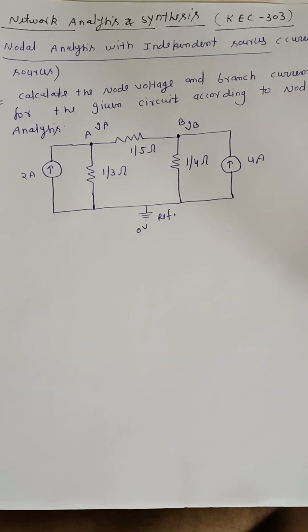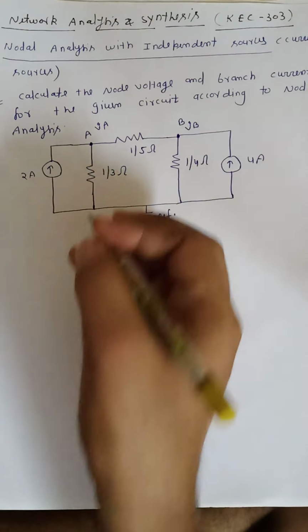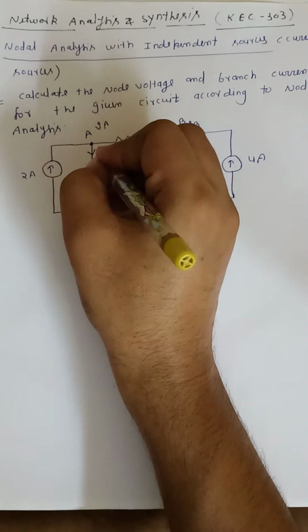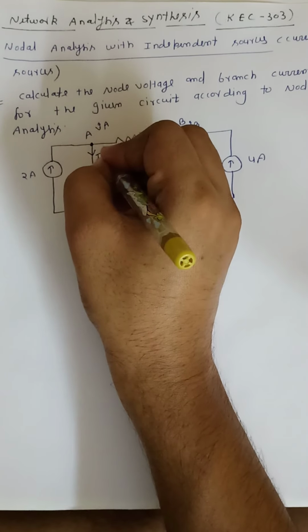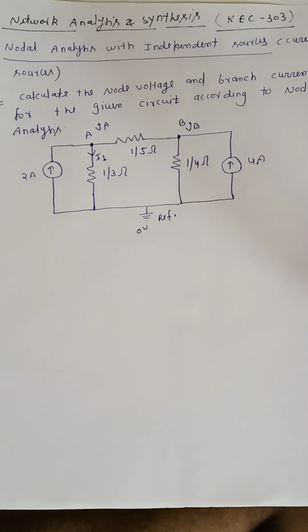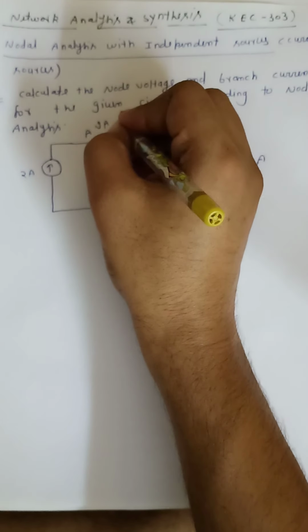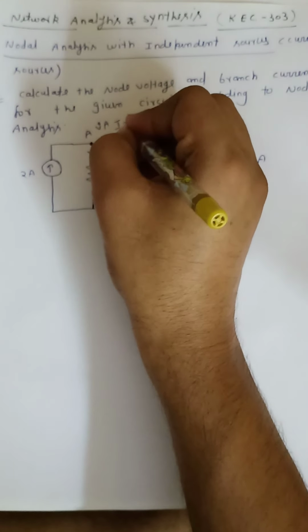Before going for calculation, let us assume the current in the 1/3 ohm resistor is I1. Let us assume the current in the 1/5 ohm resistor is I2.